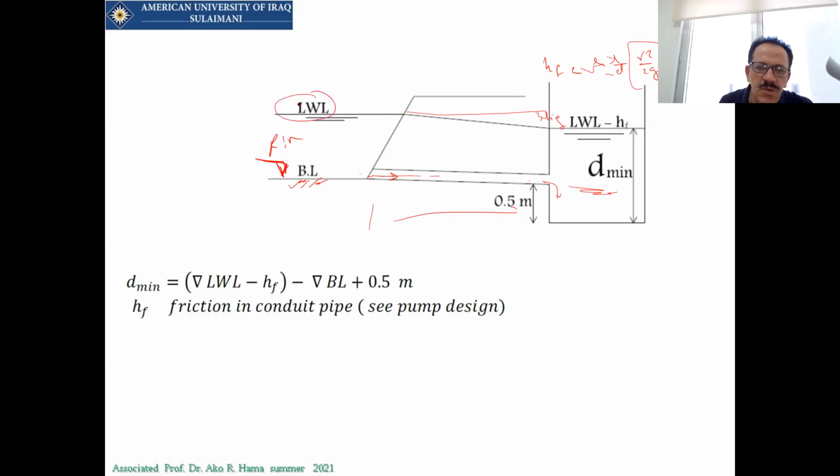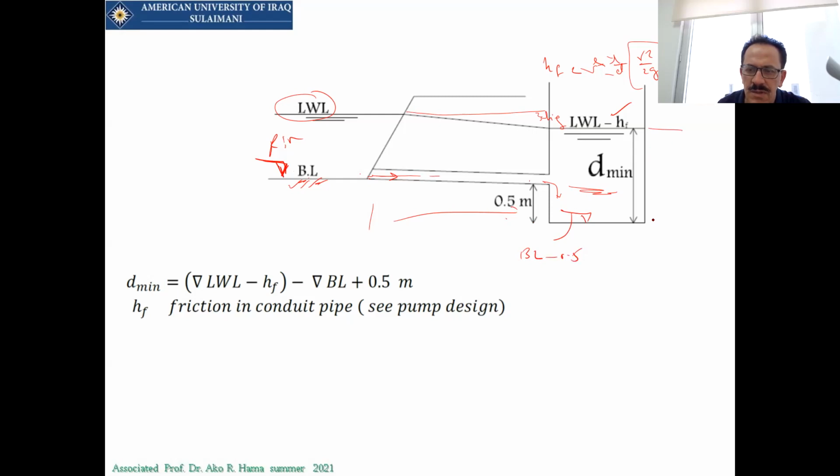So it means the low water level minus HF will be the first step. Then D minimum should be, here is the bottom level. This is 0.5, so this is the bottom level minus 0.5.